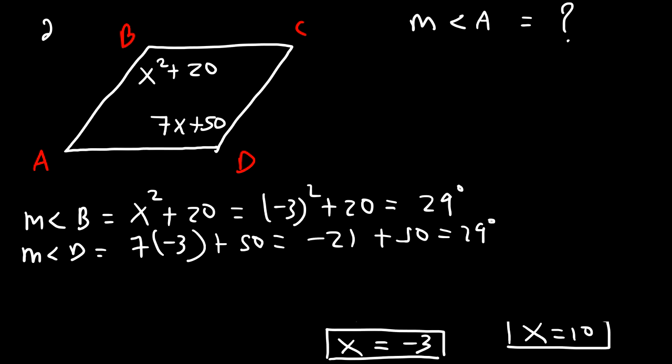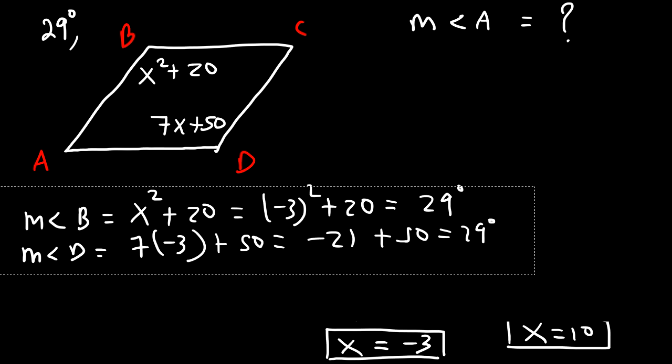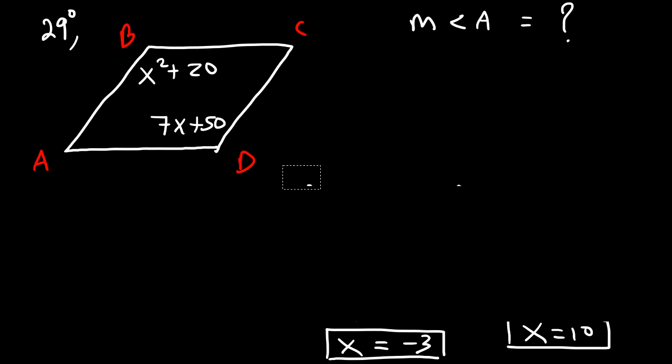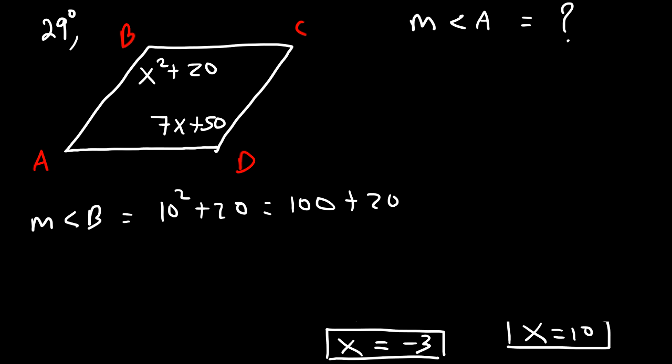So one possible answer for angle B is 29. Let's see what the other possible answer is going to be. So let's say x is 10. So angle B is going to be 10 squared plus 20. 10 squared is 100. 100 plus 20, that's 120 degrees.